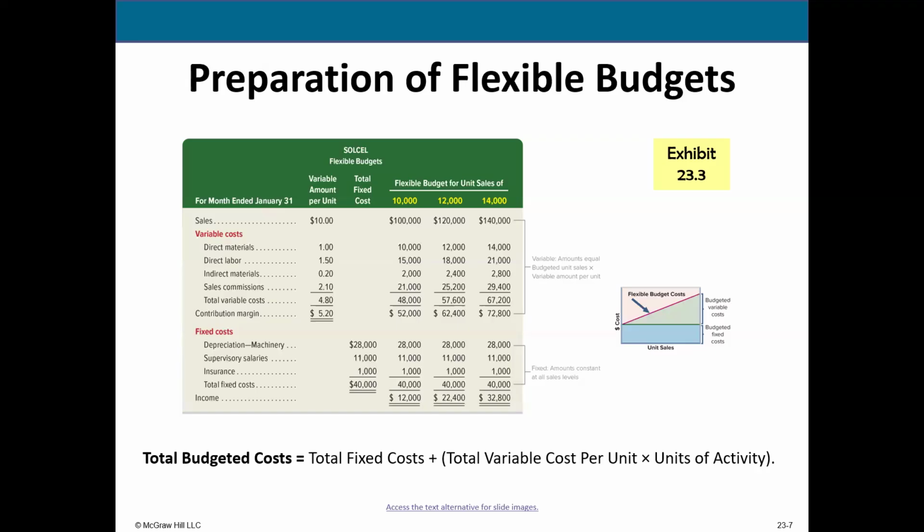Great question, Caleb. The question is, is labor always a part of the flexible budget? It's a great question. So it depends. But the answer is yes. It's always going to be a component of variable cost for direct labor. Direct labor will always be a part of variable cost.